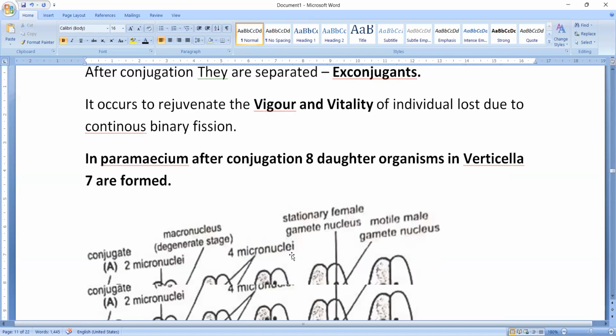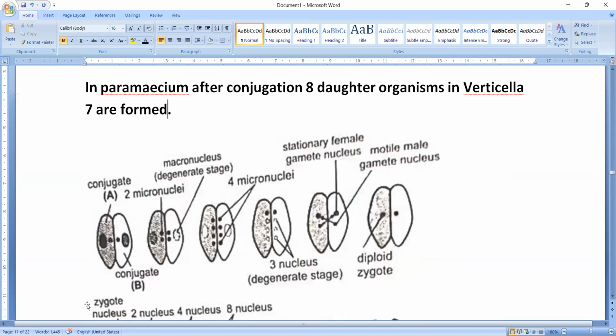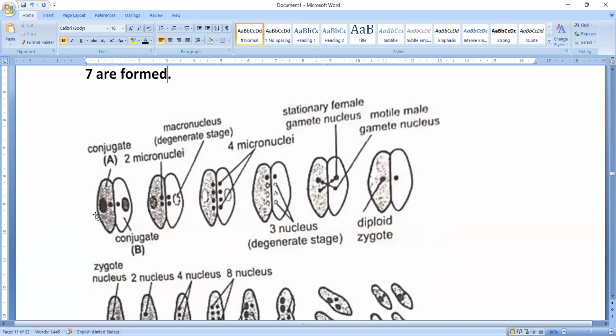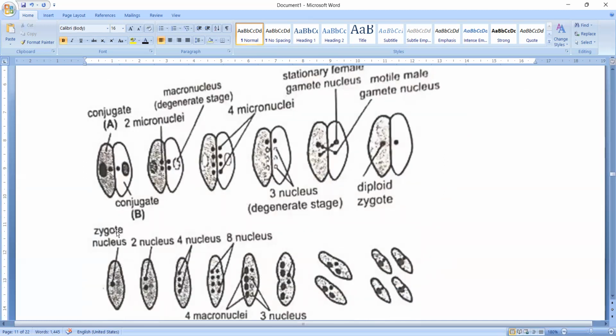This is the diagram of conjugation, how it takes place between the two mating types or strains of Paramecium. Generally, the ventral portions of two Paramecium come to each other and attach to form a conjugate.